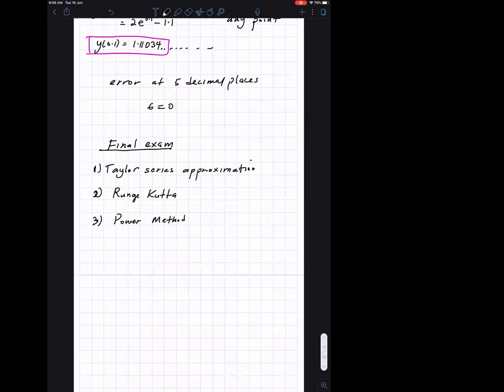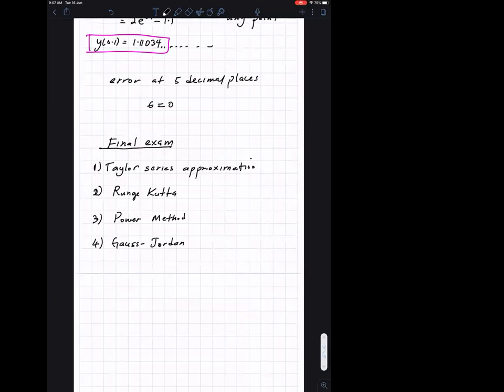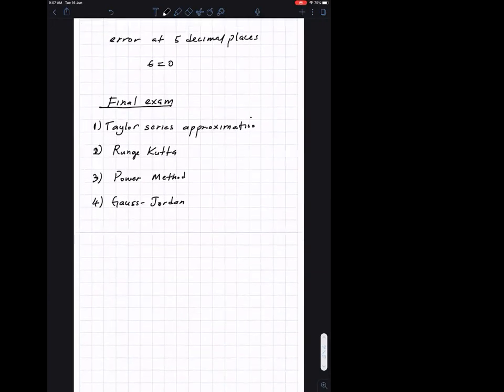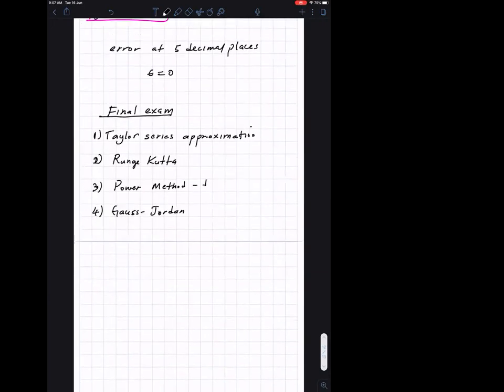You know what that is. Gauss-Jordan. Power method to find the dominant eigenvalue, eigenvector.